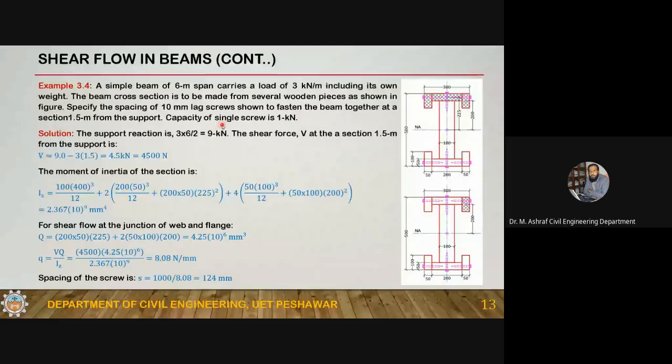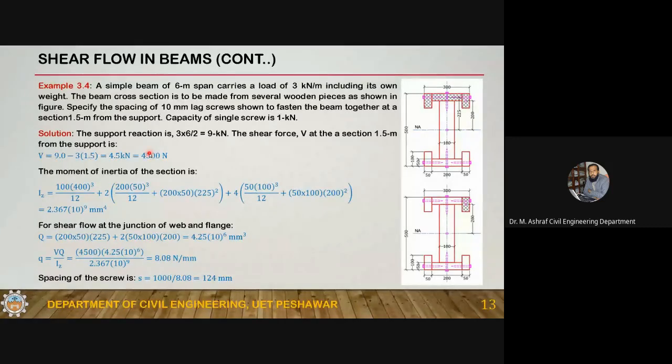But this is only where the shear is 4,500. Since the shear force is variable along the length of the beam, these are applicable where the shear force is equal to or less than this value. If the shear force is greater, then you will have to decrease the spacing.